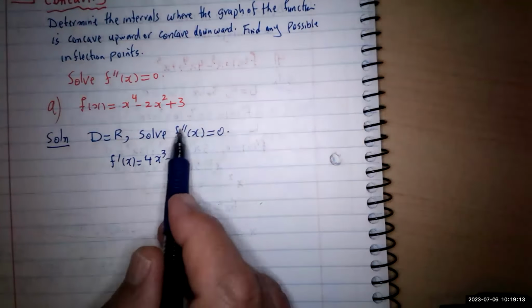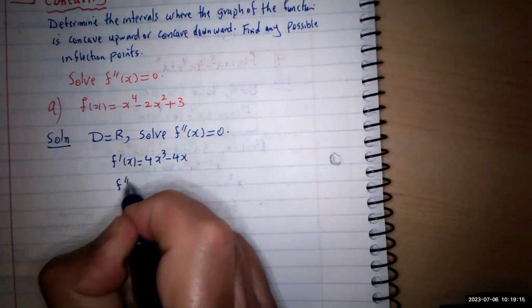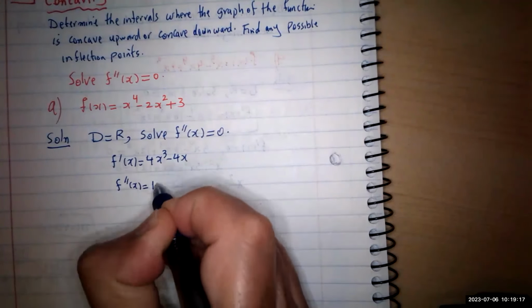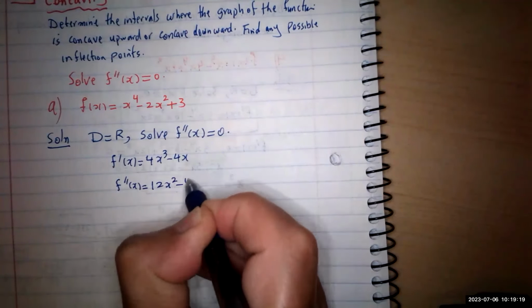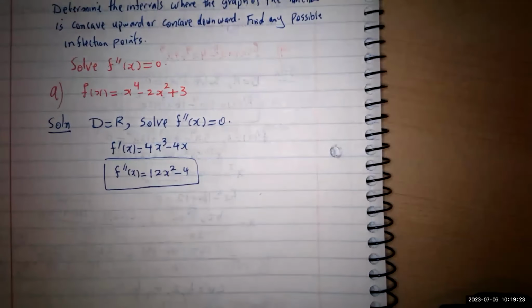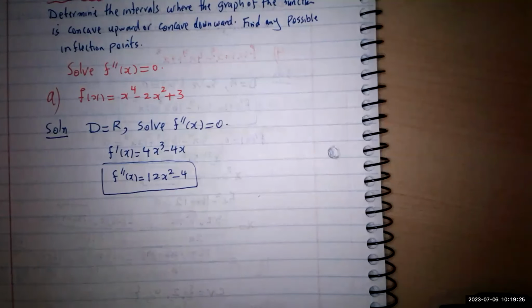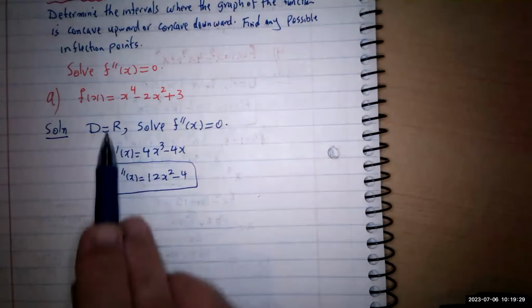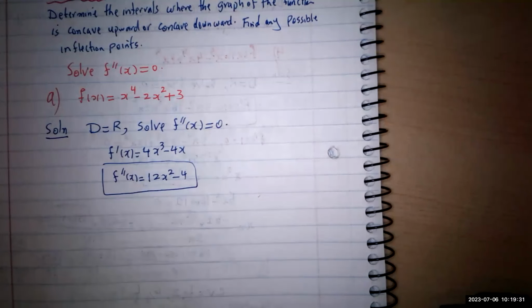Go on to get to the f double prime. f double prime of x is 12x squared minus 4. You stop here. All your operations are going to be here. Okay, so f double prime, let it equal to 0.